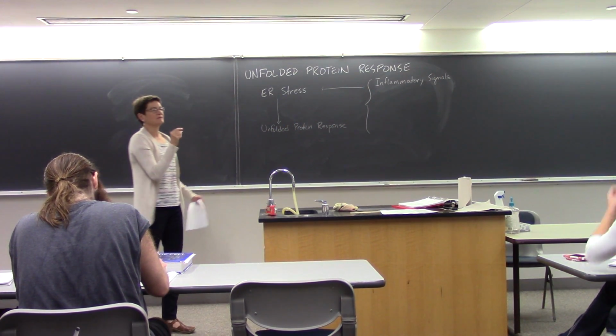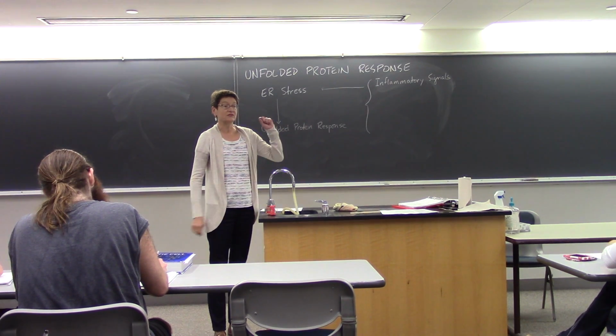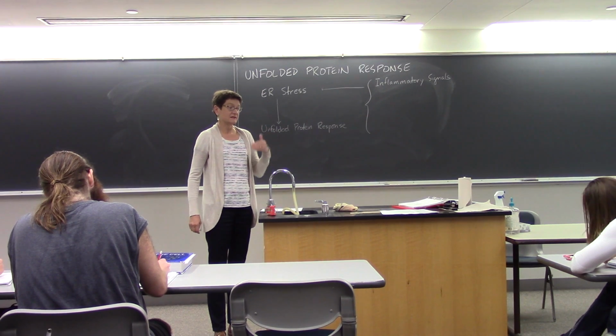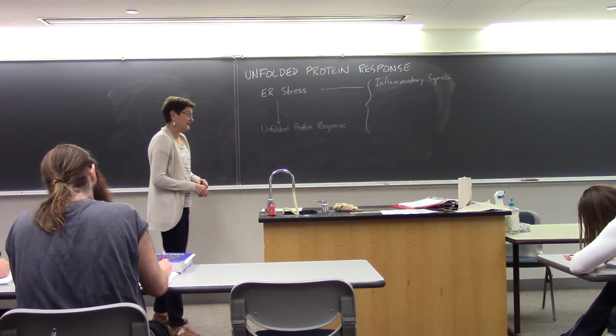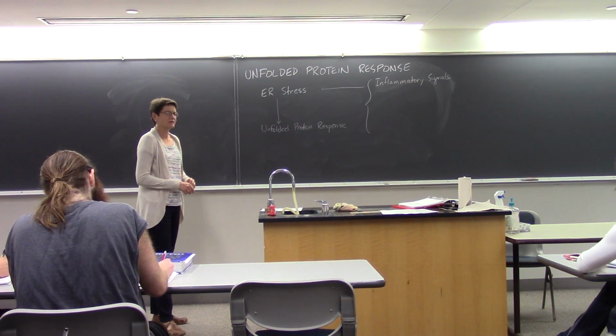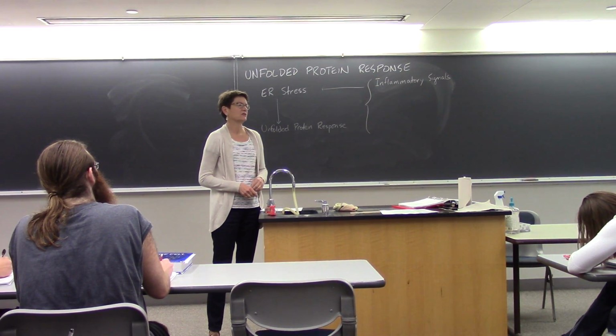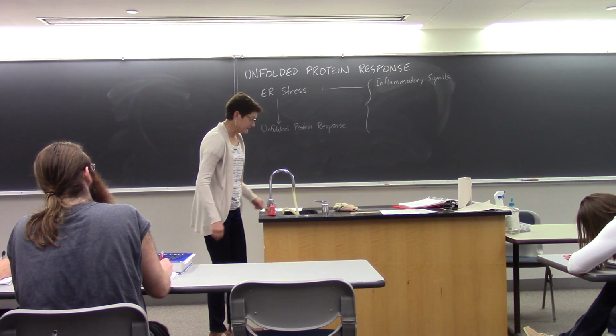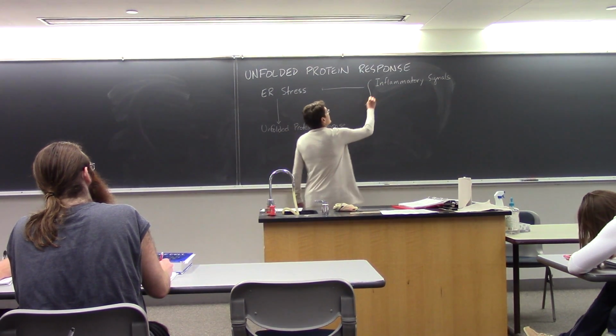And sometimes, in fact most of the time, I don't understand the relationship between the factor and the initiation of ER stress. I understand the unfolded protein response. I don't understand how inflammatory signals cause ER stress, except that apparently they do. Okay?